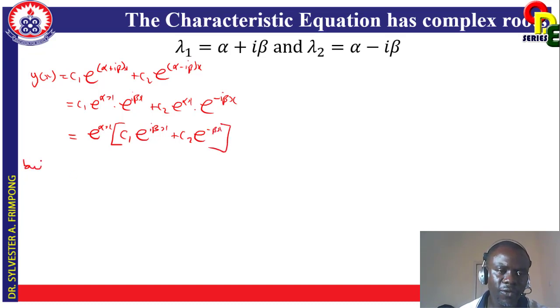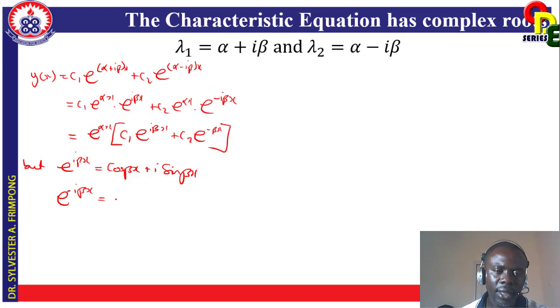But we know from our knowledge of complex numbers, if you want to write the complex numbers in polar form, e raised to the power i beta x is cos beta x plus i sine beta x, and e raised to the power -i beta x is cos beta x minus i sine beta x.